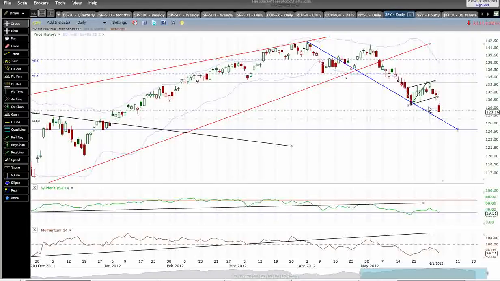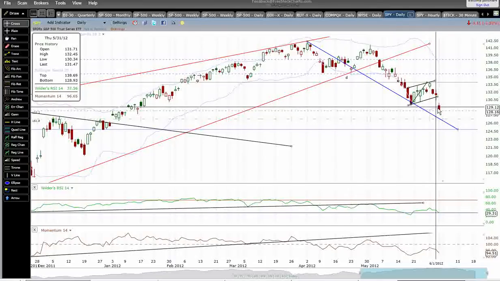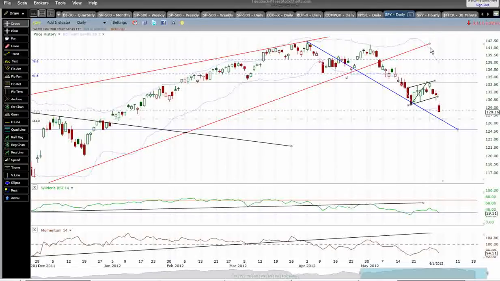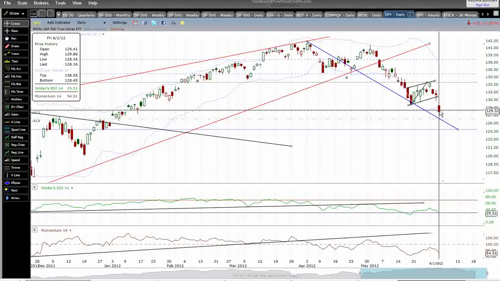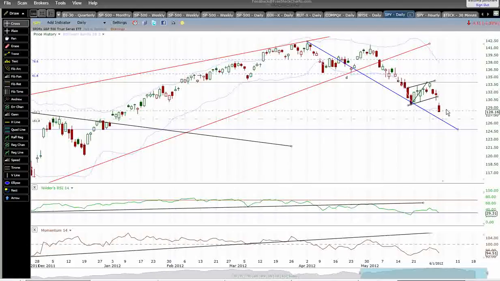In this case, after just a brief rally attempt, the market broke down to new lows. The top band is now pointing sharply down, and the bottom band then expanded down as well. So now we have the bands channeling in a downward trend. That is usually conducive to a stable downward price trend.